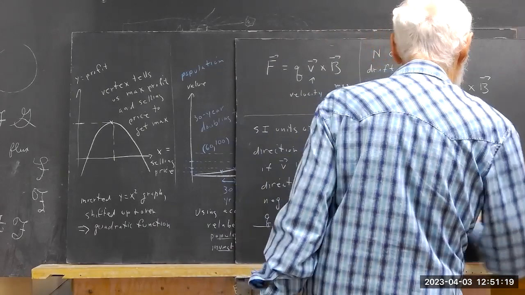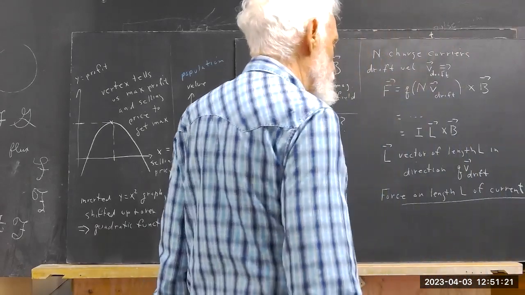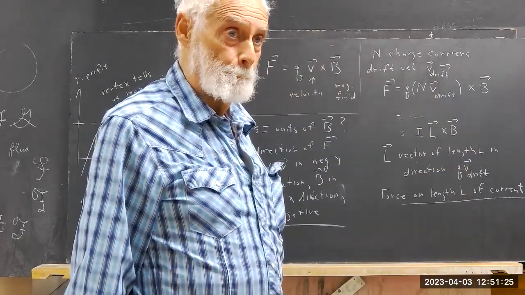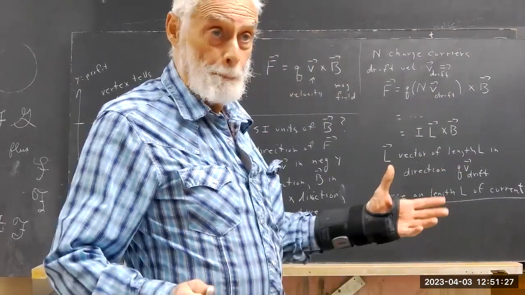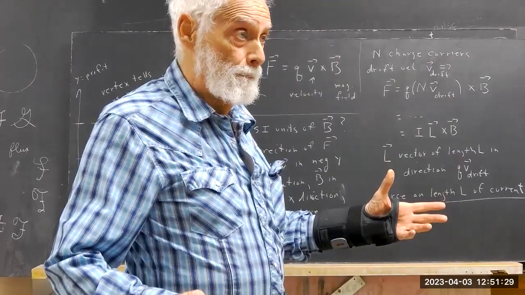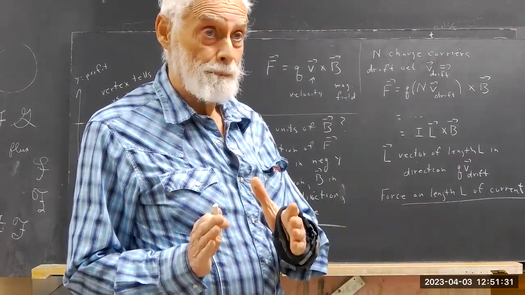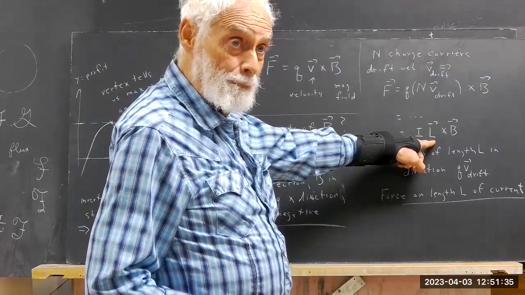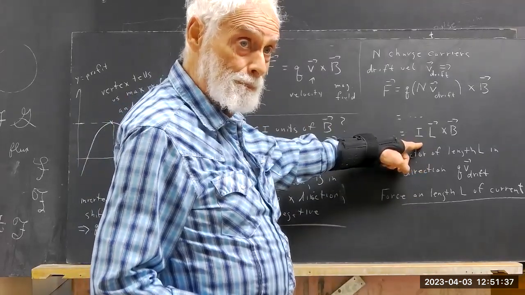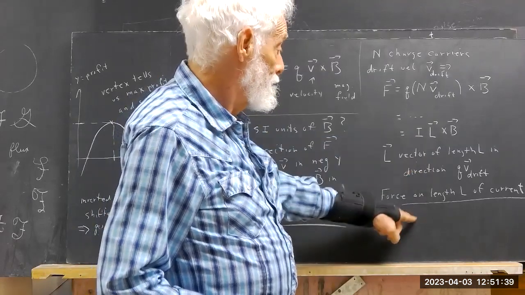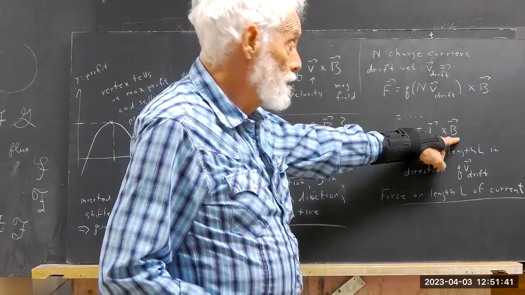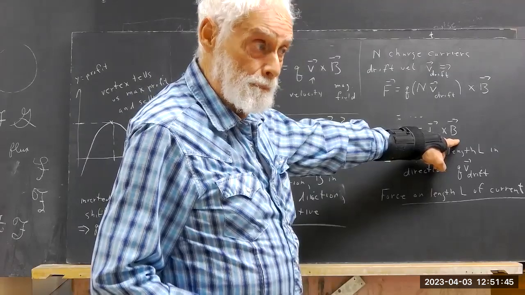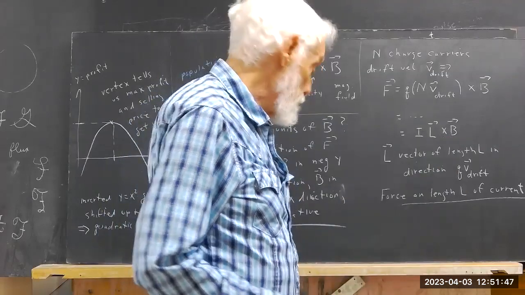Like L of a current. Okay. So you got a wire 10 centimeters long. You multiply 10 centimeters by the current, and then cross that with the magnetic field and you get the force. Okay.